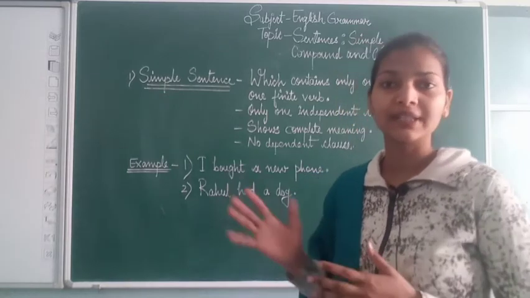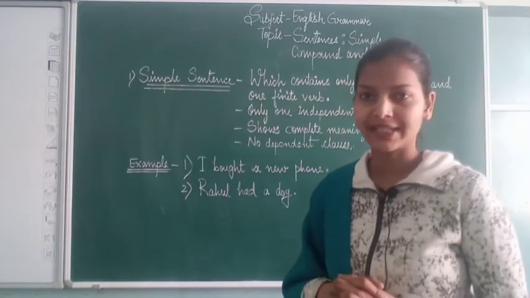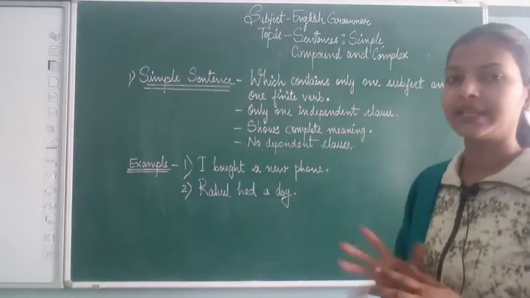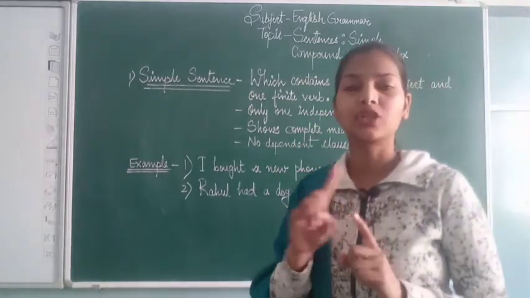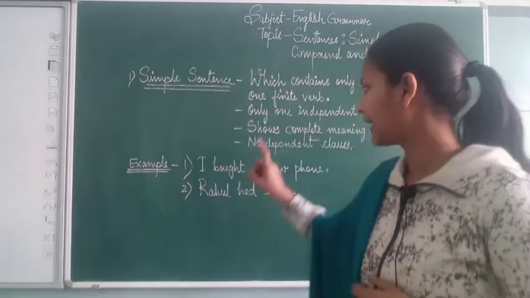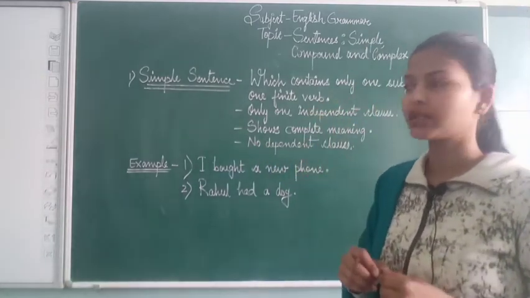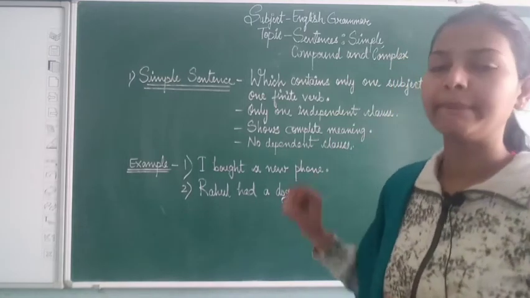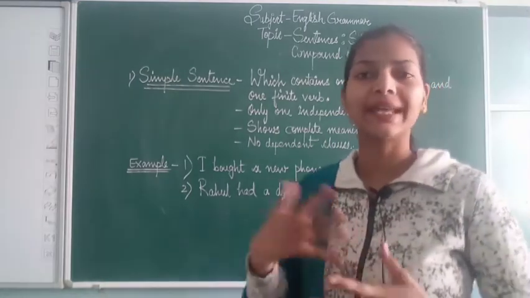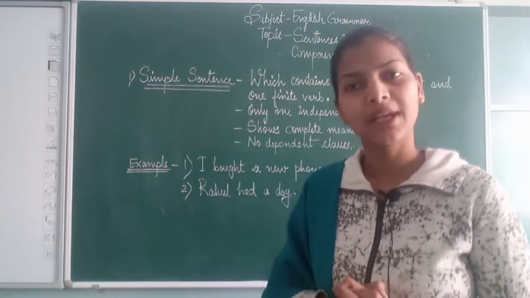So what are the other conditions of a simple sentence? That only one independent clause is there. There is no other dependent clause. As it's written here, no dependent clause, and this independent clause alone is sufficient to show complete meaning. It does not require any other clause for its complete meaning.